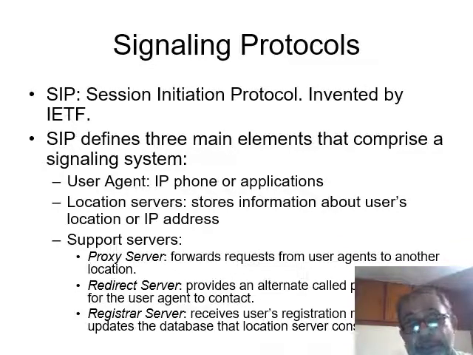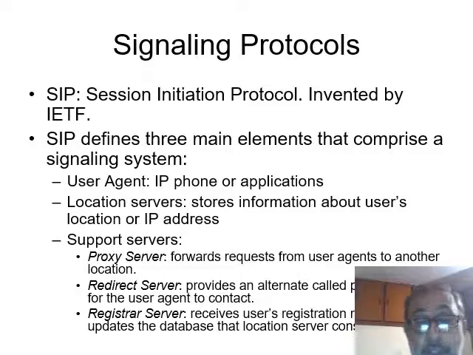Now, the other system is SIP, the Session Initiation Protocol, which was developed by the IETF, the Internet Engineering Task Force. It has basically three main parts. Number one is the IP phone, as we have in H.323 also.